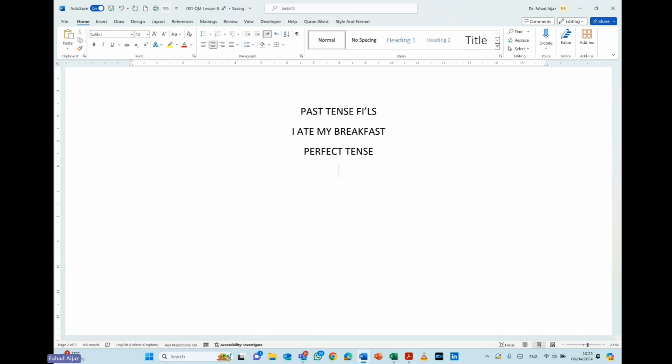So the two ways past tense could potentially be used in the Quran: one, of course, to show events that took place in the past, just like any normal event that took place in the past, okay?